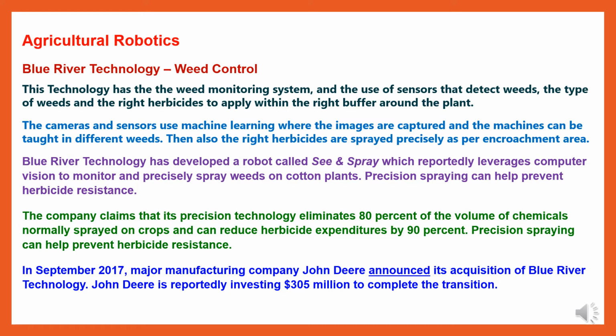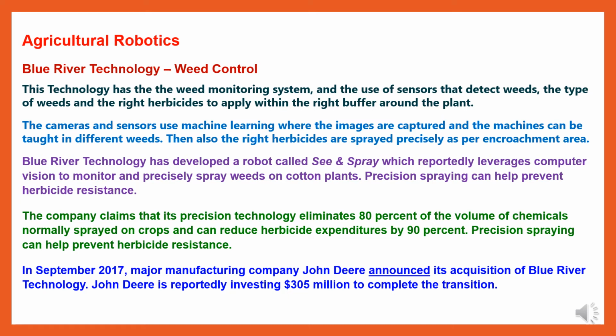Then the right herbicides are sprayed precisely as per the encroachment area. Blue River Technology has developed a robot called See and Spray, which reportedly leverages computer vision to monitor and precisely spray weeds on cotton plants.